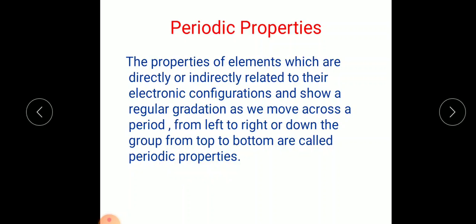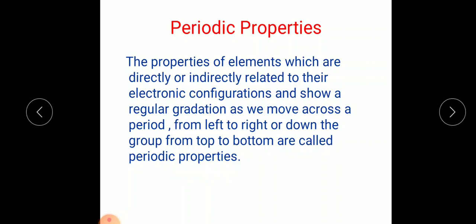So basically periodic properties means the properties that reappear at regular intervals. When you are moving across a period, that is from left to right in a periodic table, after certain elements the element that you get will have the same properties. Okay, that we call periodicity.